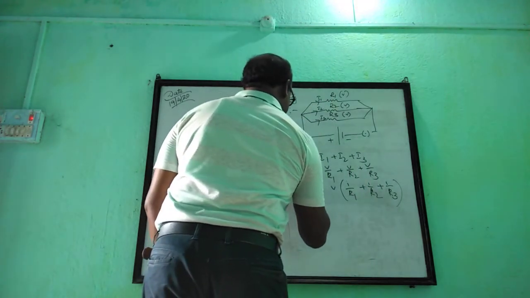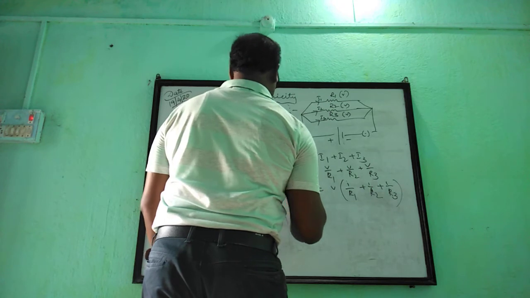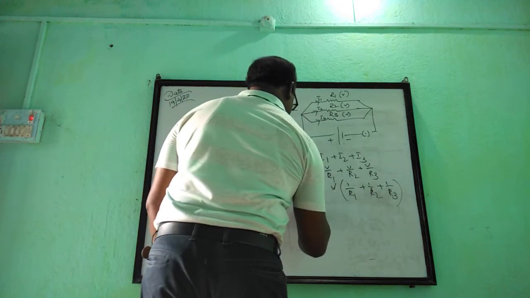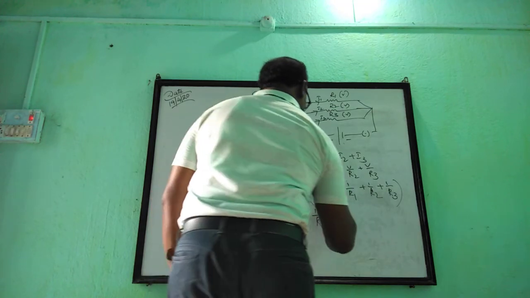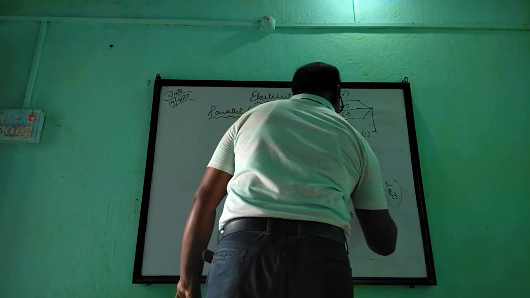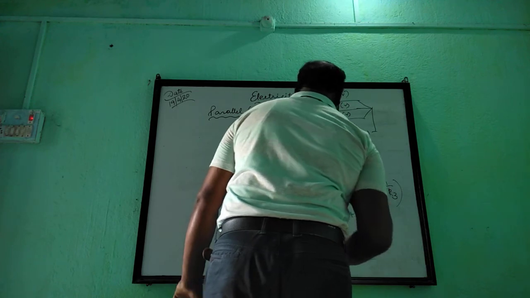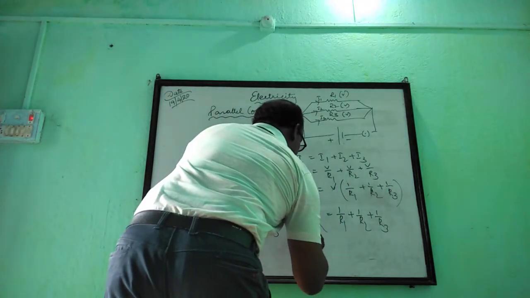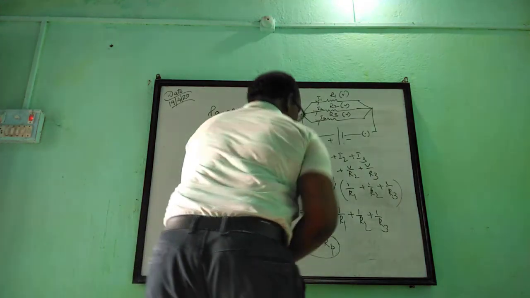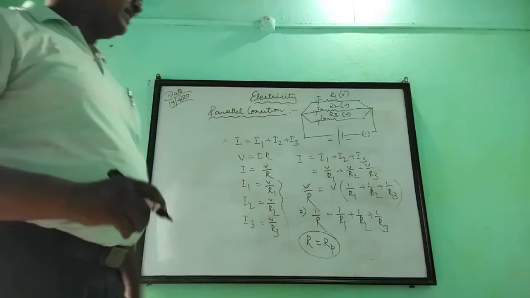And the value of I is V by R, total resistance. Therefore, 1 by R equals 1 by R1 plus 1 by R2 plus 1 by R3. Here R, we can change to Rp. That is resistance for parallel connection.